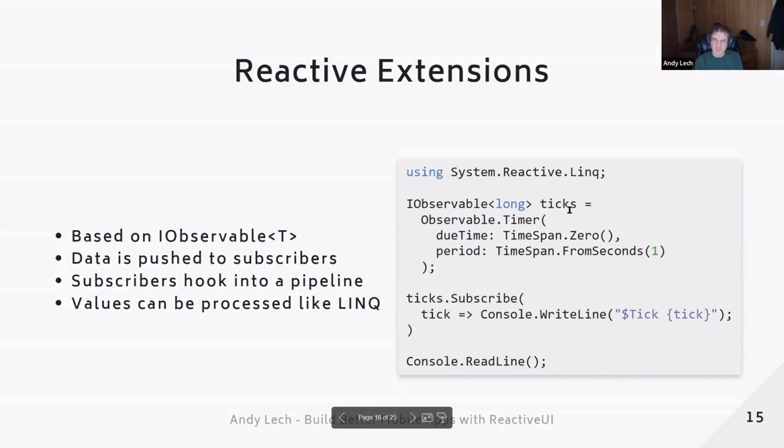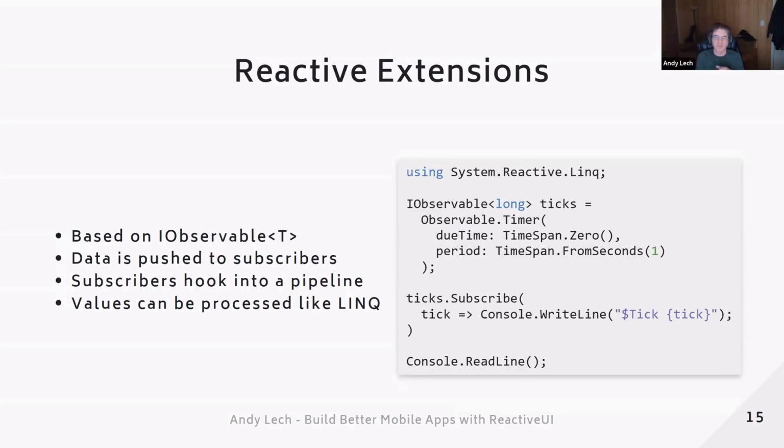This becomes an observable using LINQ extensions for reactive that you hook into and subscribe to, and you're able to write this out. You'll see this in the book on Rx.NET, in their sample. It'll tick every second, and you don't have to go and check things.